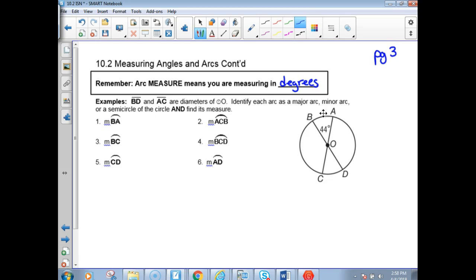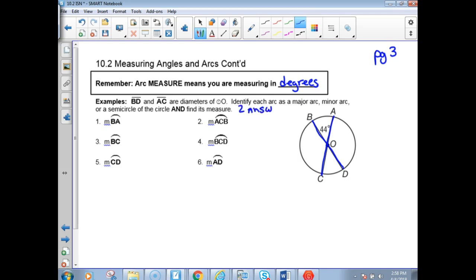In this diagram, it says that segment BD and segment AC are diameters of the circle with center O. So BD is a diameter, and so is AC. It says identify each arc as a major arc, minor arc, or a semicircle, and find its measure. So we're going to have 2 answers to each problem.